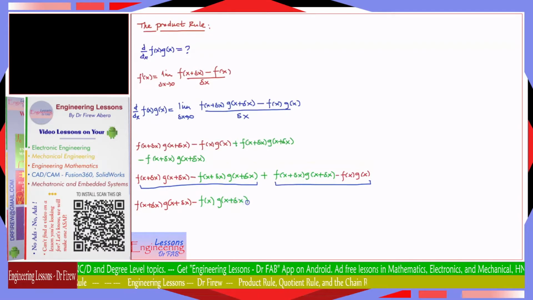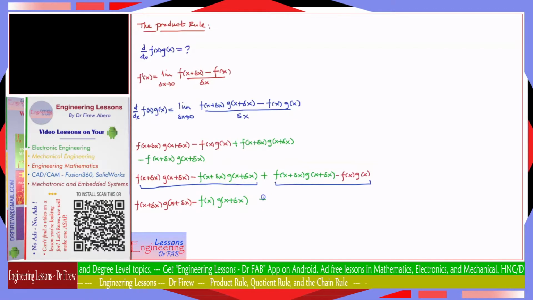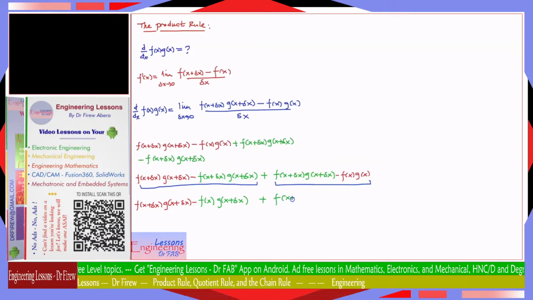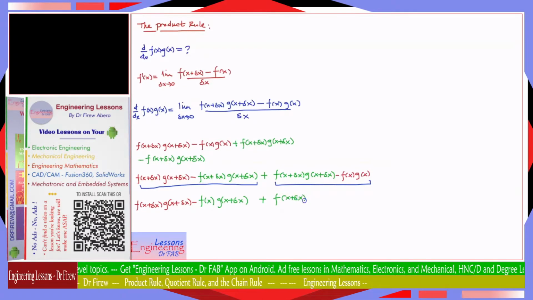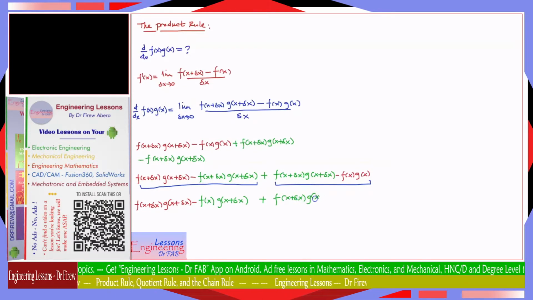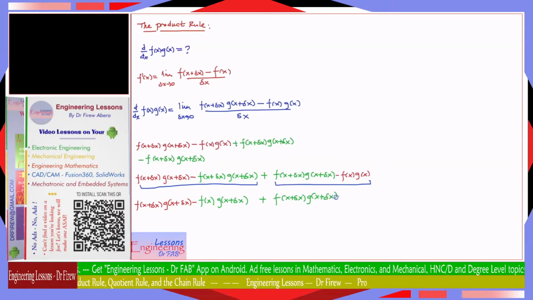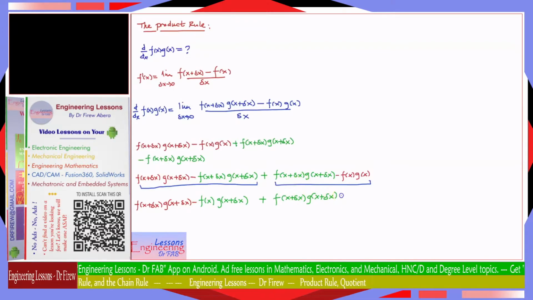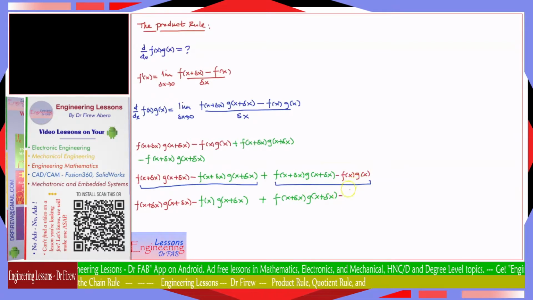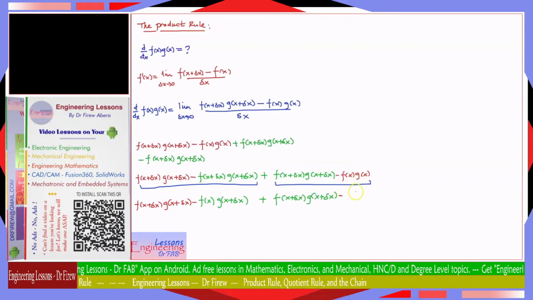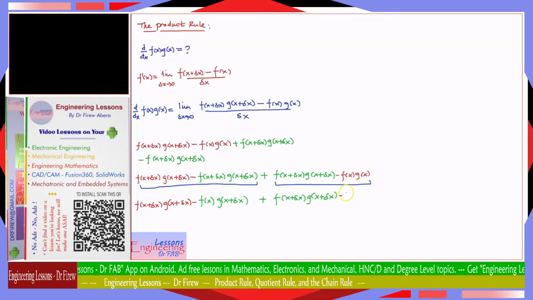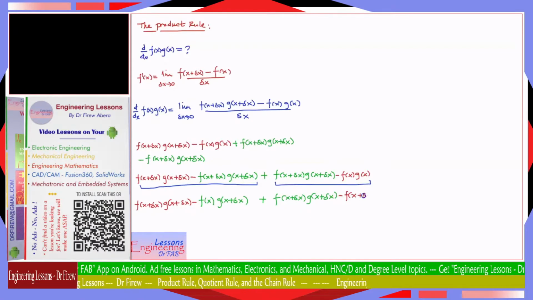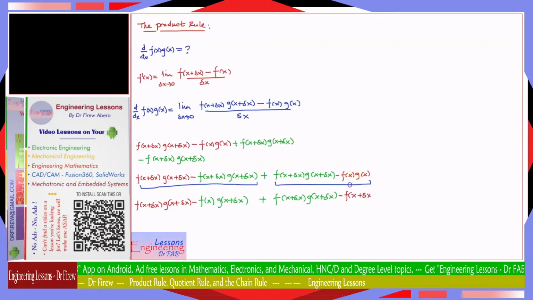Plus, I'll write again f of x plus sigma x times g of x plus sigma x, now minus, then this time for f of x, I will add that small sigma x here.